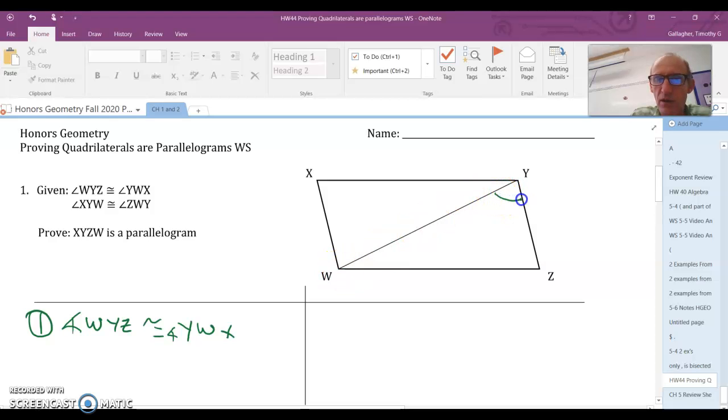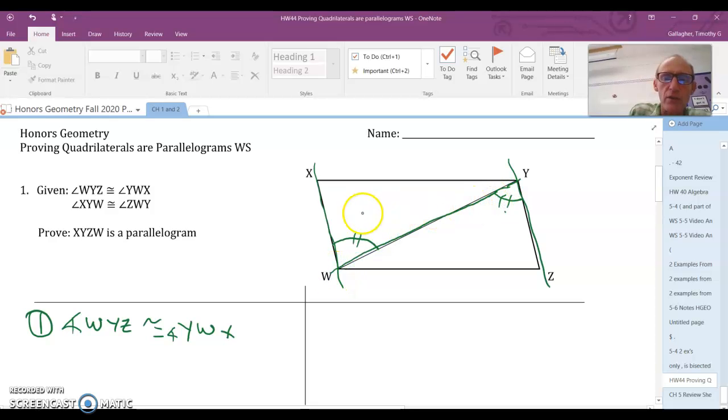WYZ, that's this angle right here, congruent to YWX, that's this angle right there. Okay, so that looks like it's going to make this side parallel to this side because those two angles that are congruent are alternate interior angles.